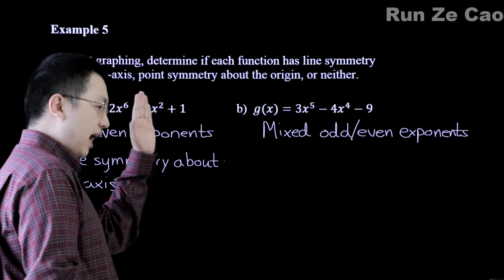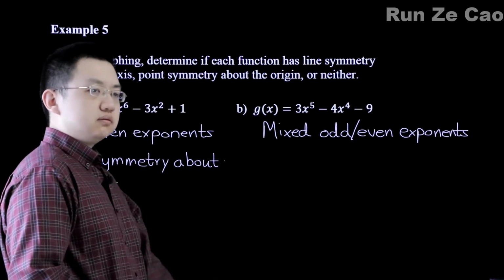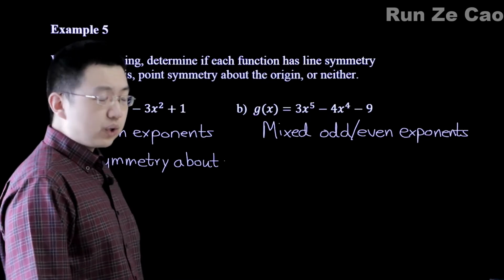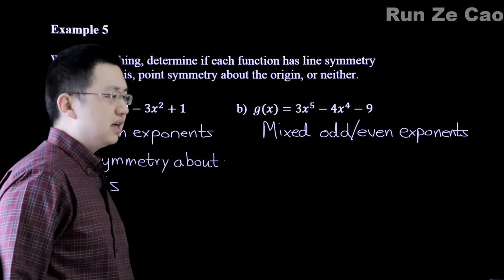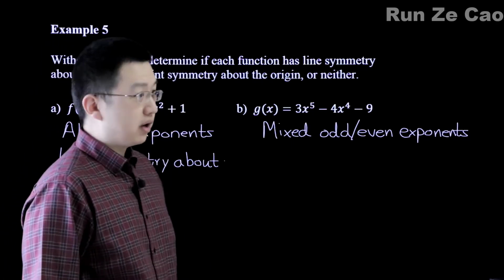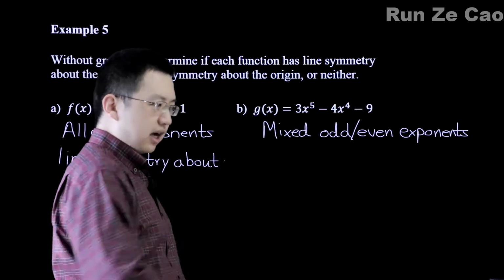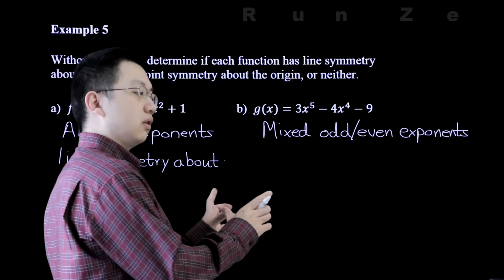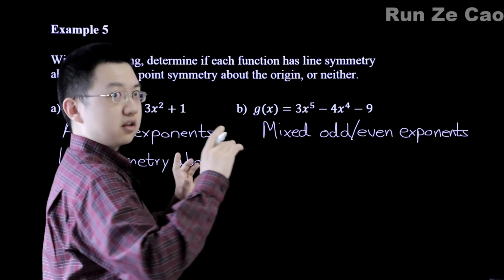If we add something that has, well, point symmetry across the origin, or any other point for that matter, with something that has line symmetry, that comes out to something that has no symmetry whatsoever, because the numbers you're stacking up on either side aren't going to be the same. So they aren't going to match up nicely like you do with two things that have line symmetry about the same line.